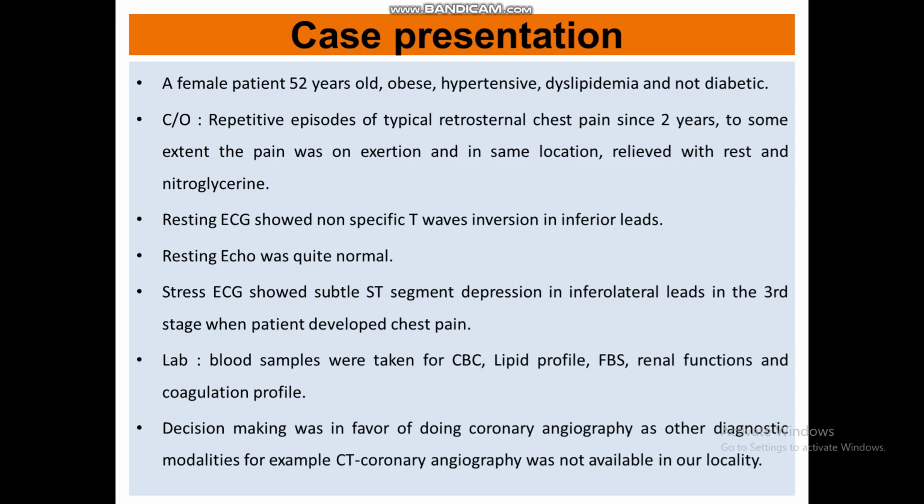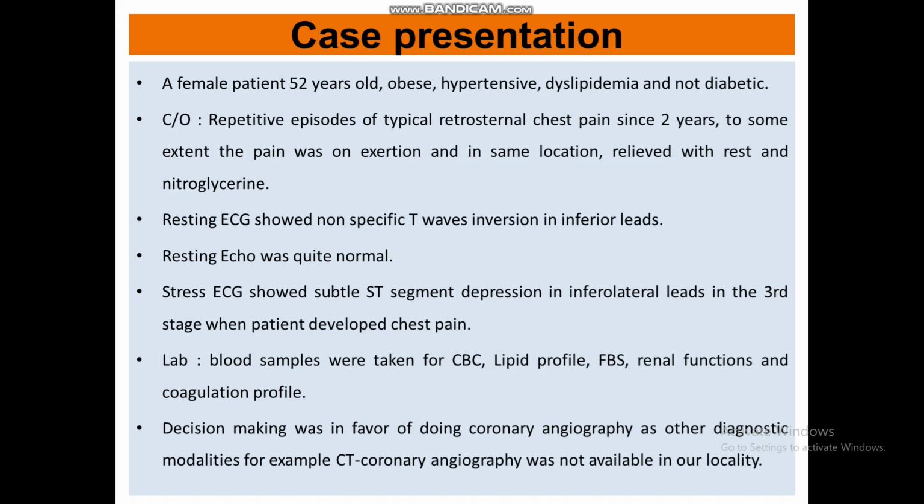This case is based upon how to explain an iatrogenic dissection that could happen in daily practice inside the cath lab. But really, I put a hypothesis in this particular case.